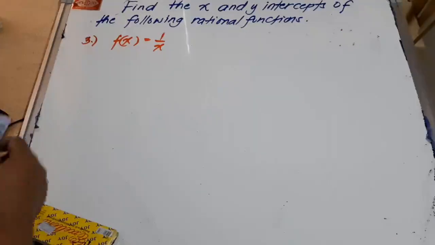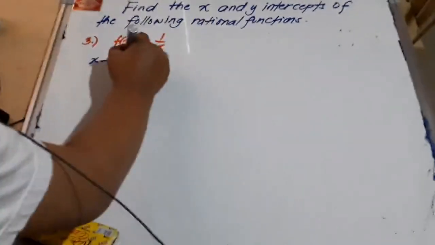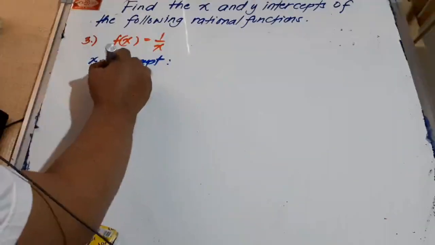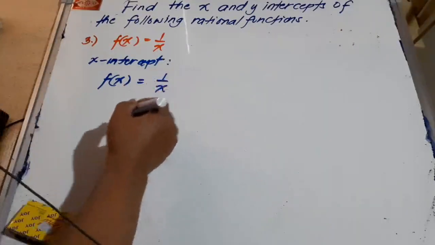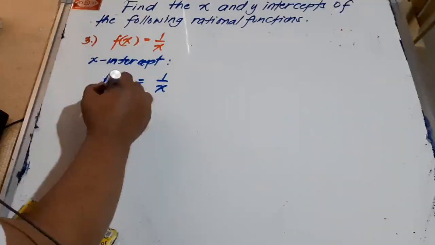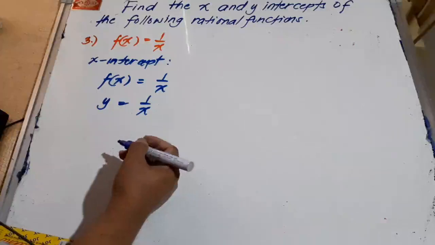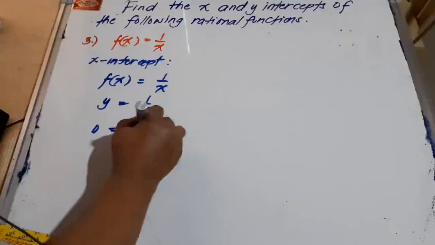For the x-intercept, the original function is 1 over x, and then we replace f of x by y. So we have y equals 1 over x, and then we let y equal 0. So we have 0 equals 1 over x.